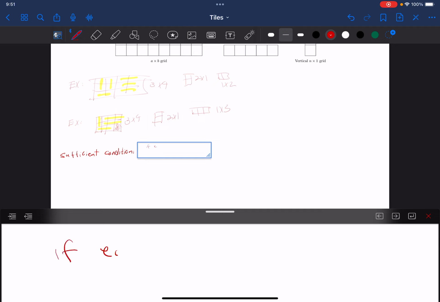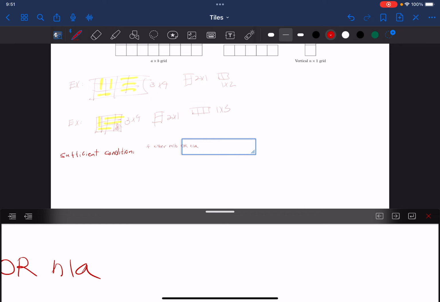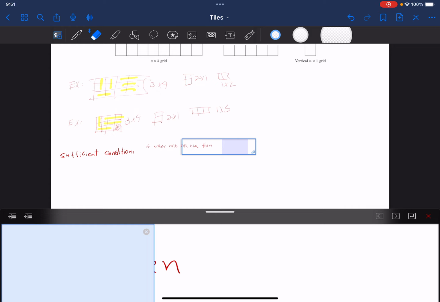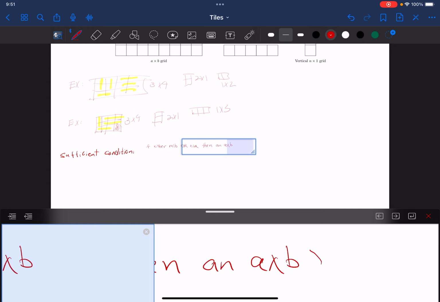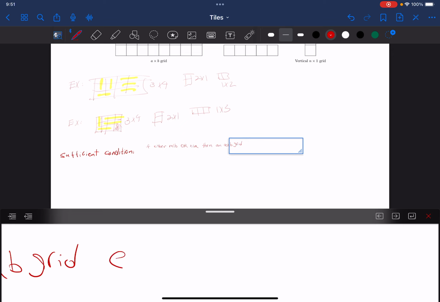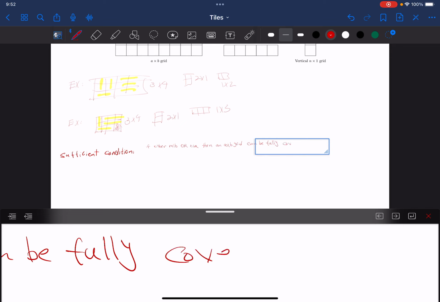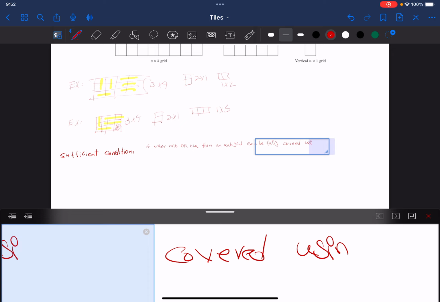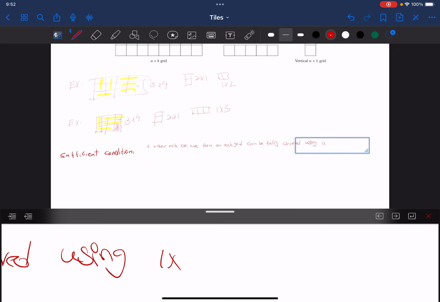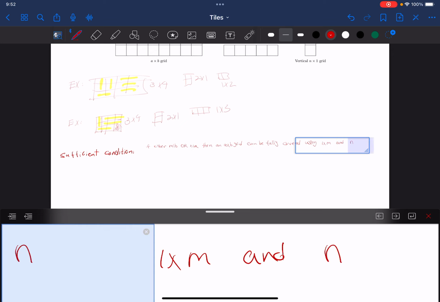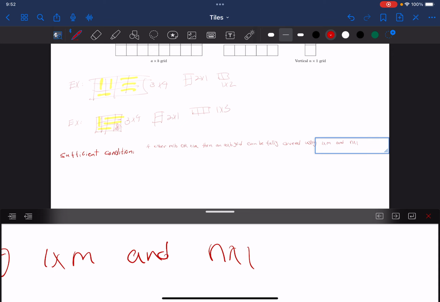If either M divides B or N divides A, then the A by B grid can be fully covered using 1 by M and N by 1 strips.